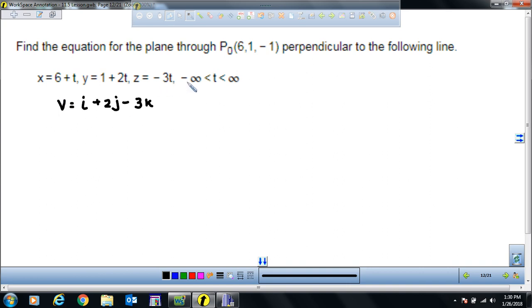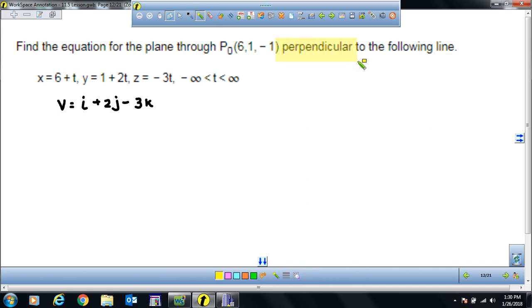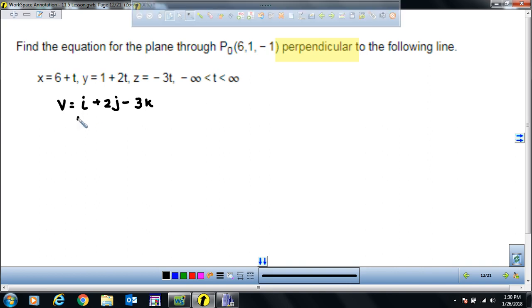However, I want an equation of a plane that is perpendicular to this line. If we say that the line is perpendicular to the plane, then the components i, j, and k of this vector will be the same as the components A, B, and C of the plane.